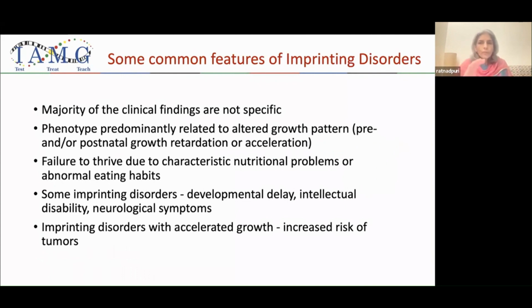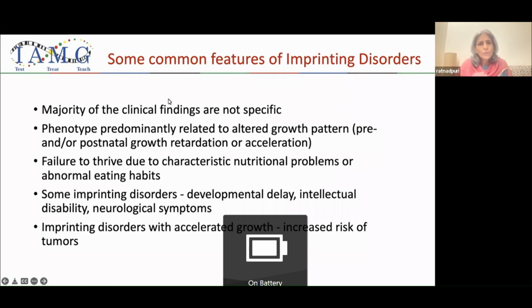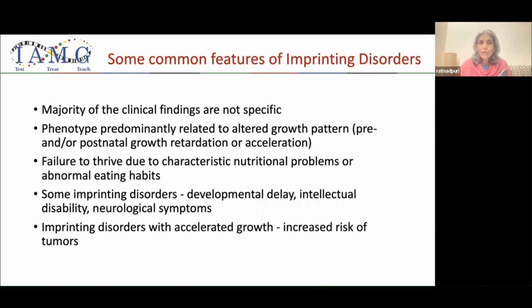Now, some of the common clinical features of these imprinting disorders include the fact that most of them are non-specific, they are related to altered growth pattern, either decreased growth or increased growth. Some of them have failure to thrive because of nutritional problems or abnormal eating habits.